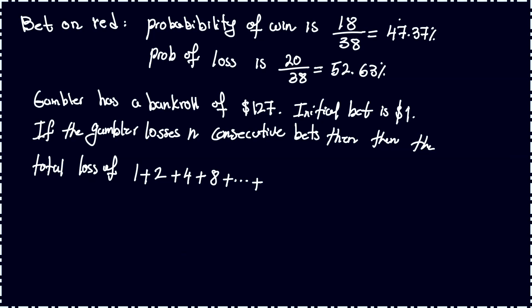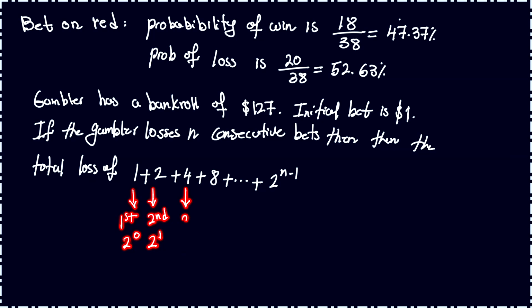the amount of loss on the nth game is actually 2 to the power of n minus 1. Hopefully you can see why. This is the first game: we have 2 to the 0, which is 1. This is the second game, which is 2 to the power of 1.